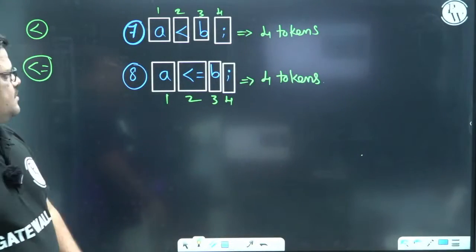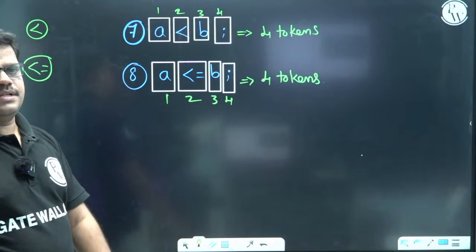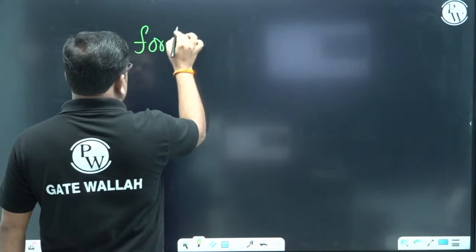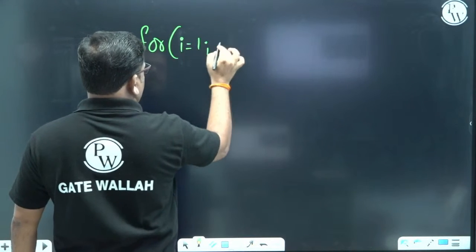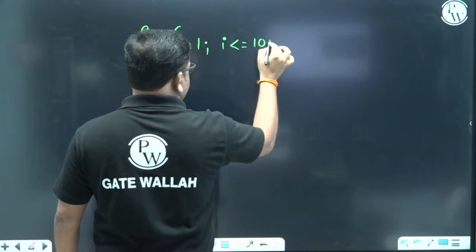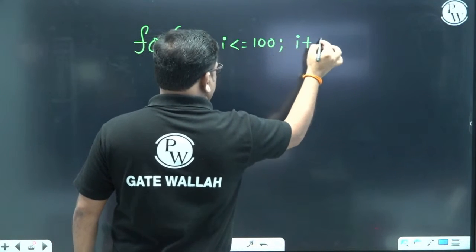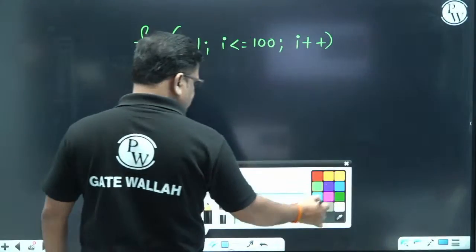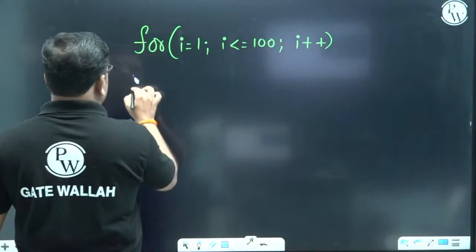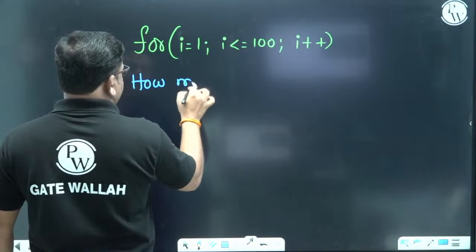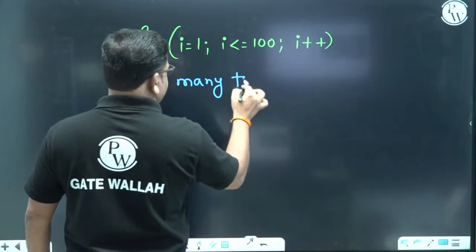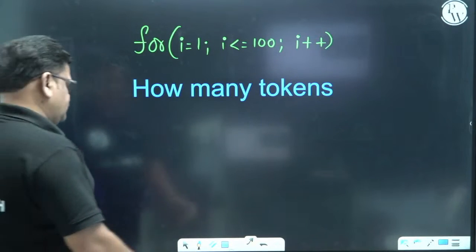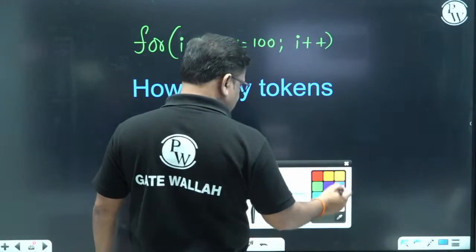So whenever we have tokens related to this, this is the way of generation. If you have a statement like this, how many tokens are generated by the lexical analyzer for this?